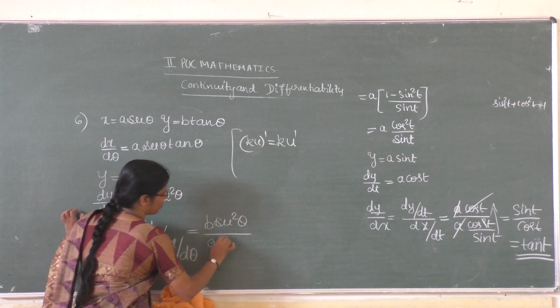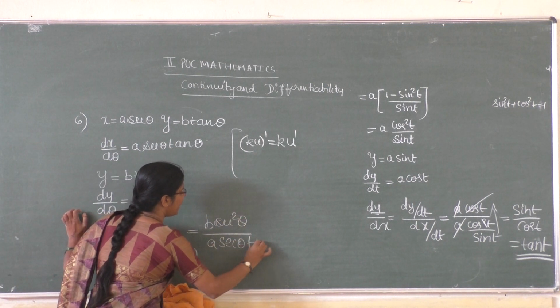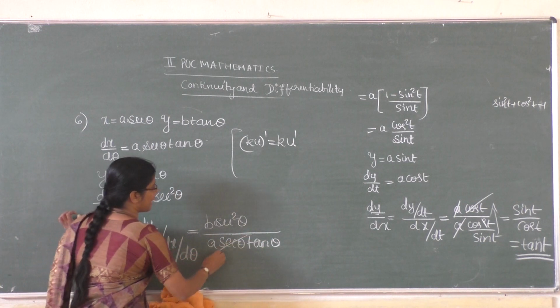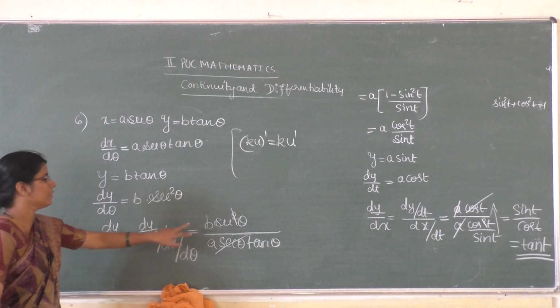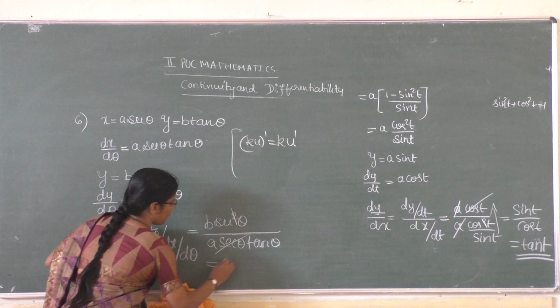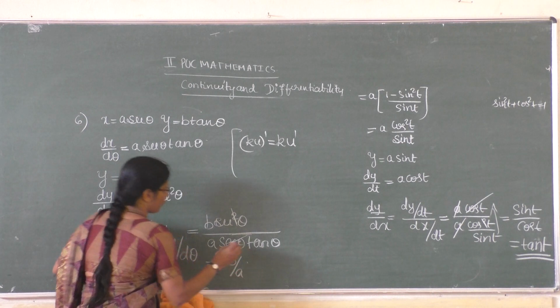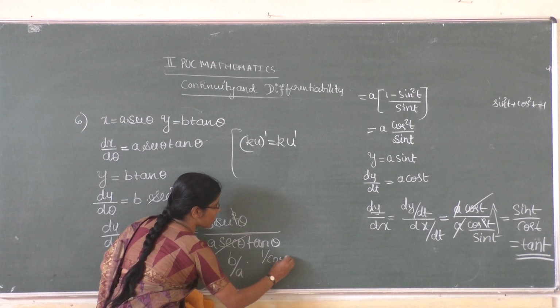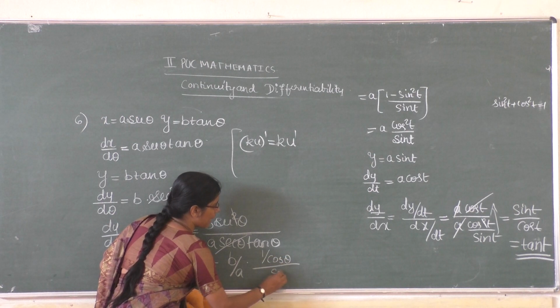Here a into dx by d theta is a into secant theta into tan theta. So here secant theta cancels with this secant theta. So we got here b by a into secant theta can be written as 1 by cos theta, and tan theta can be written as sin theta by cos theta.